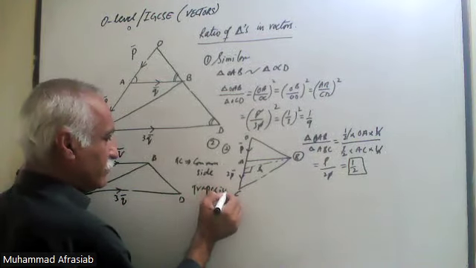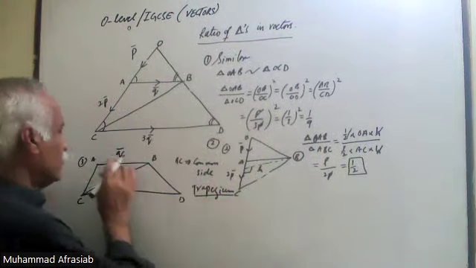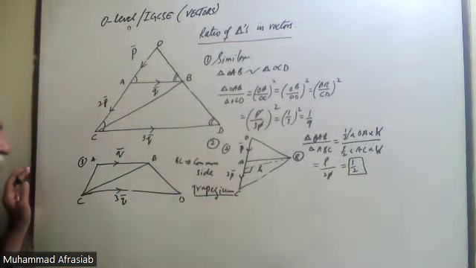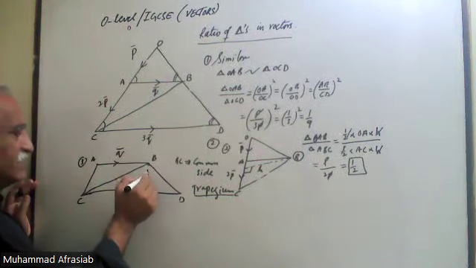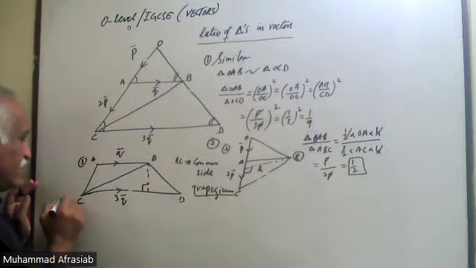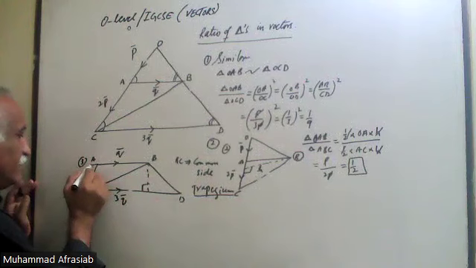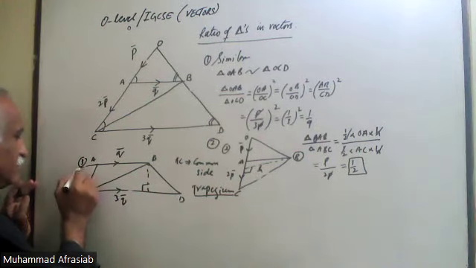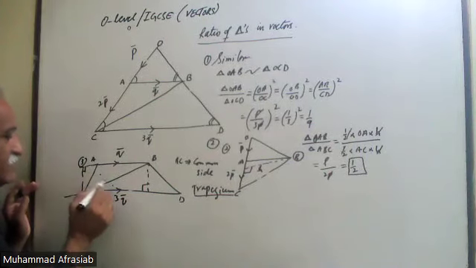where these two sides are parallel to each other. Then we know that this is the height of this triangle, and if we draw this height, then this is the height of this triangle.